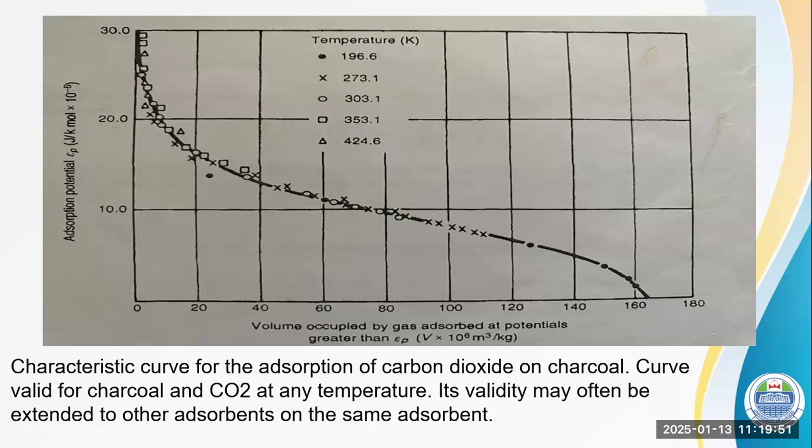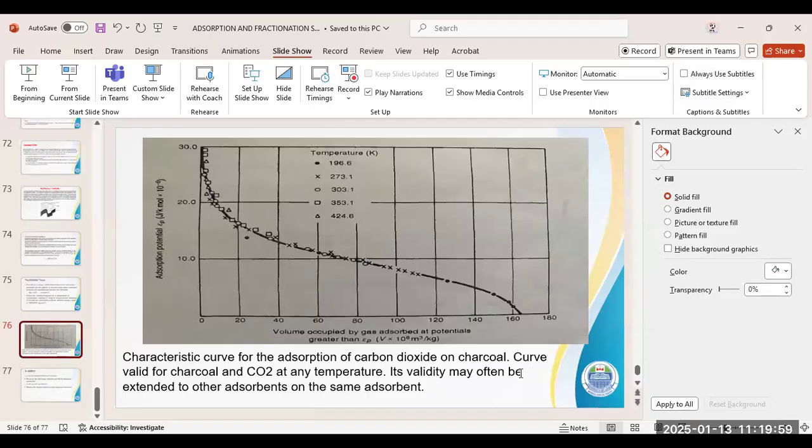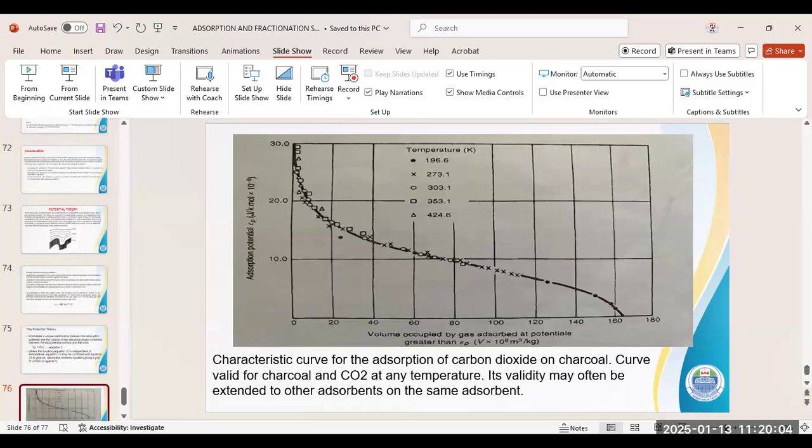So what this is saying is that this isotherm curve is valid for charcoal and CO2 at any temperature.